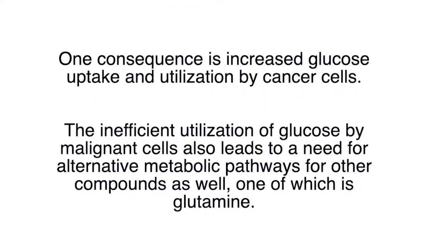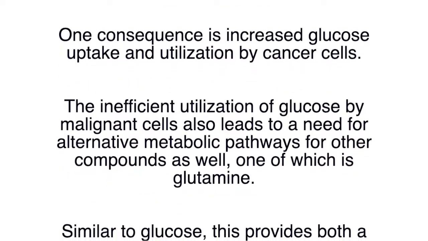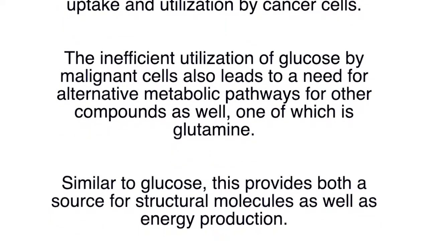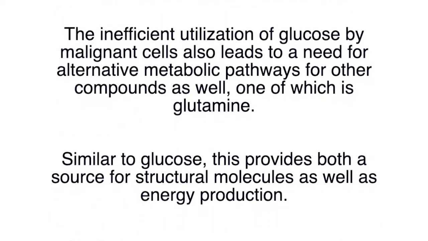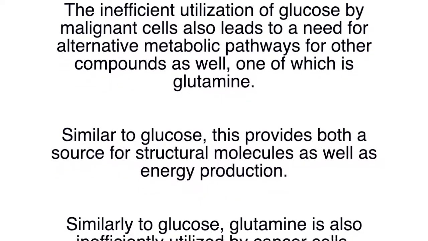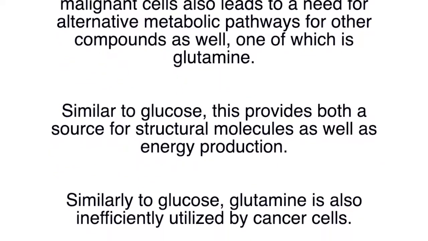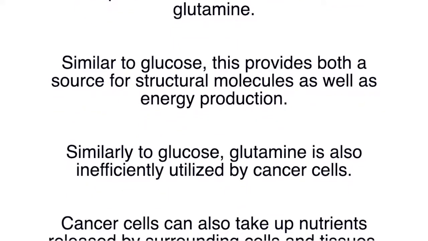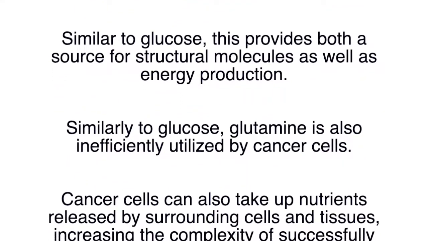The inefficient utilization of glucose by malignant cells also leads to a need for alternative metabolic pathways for other compounds as well, one of which is glutamine. Similar to glucose, this provides both a source for structural molecules as well as energy production.